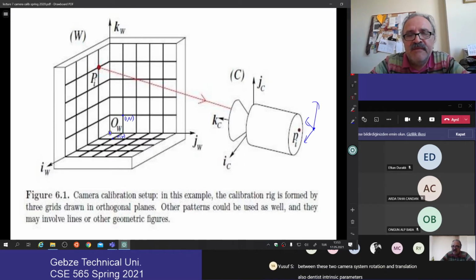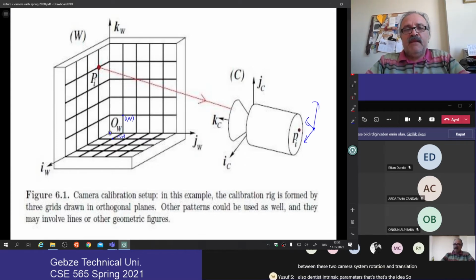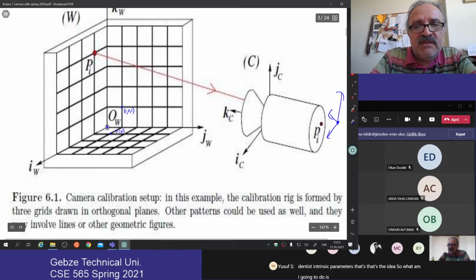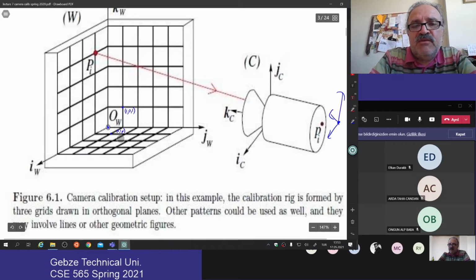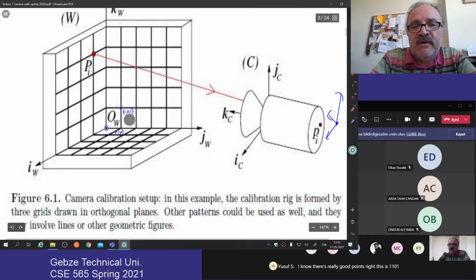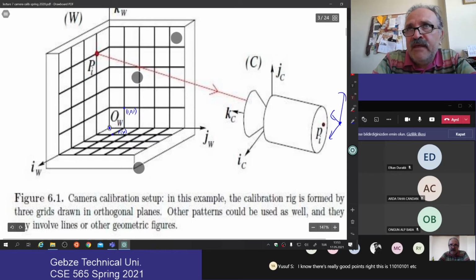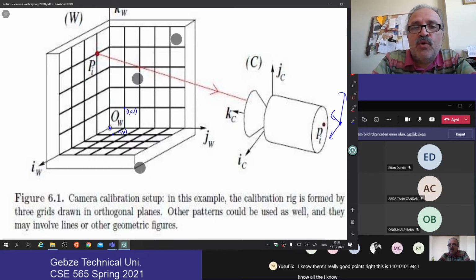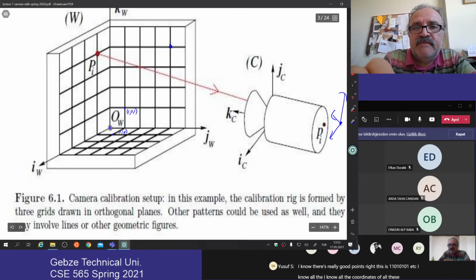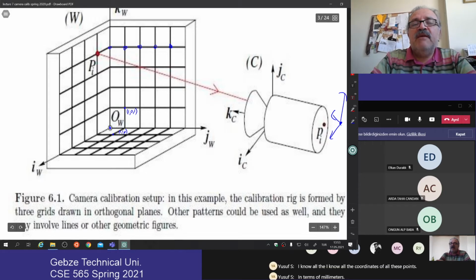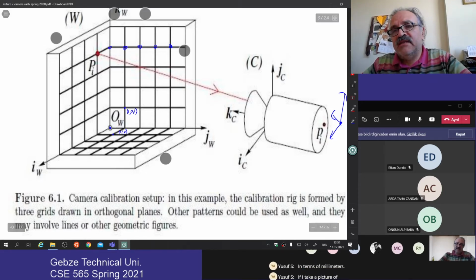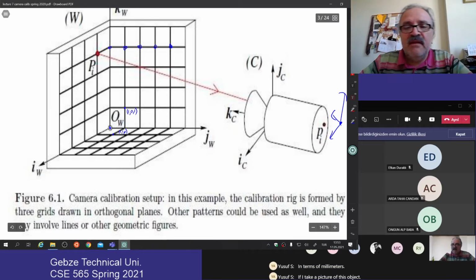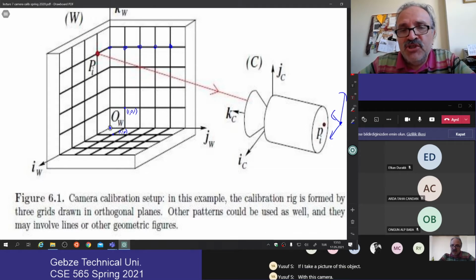That's the idea. So what am I going to do? I know their real world points, right? This is 1, 1, 0, 1, 0, 1, etc. I know all the coordinates of all these points in terms of millimeters. If I take a picture of this object with this camera, on the image I know the two-dimensional coordinates of all those points, right?